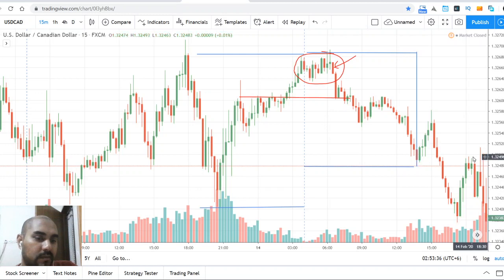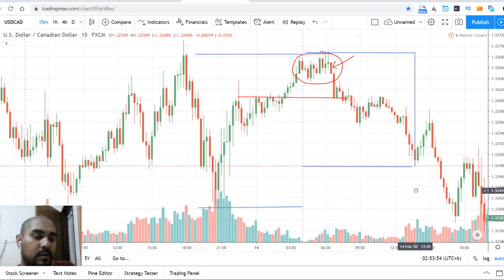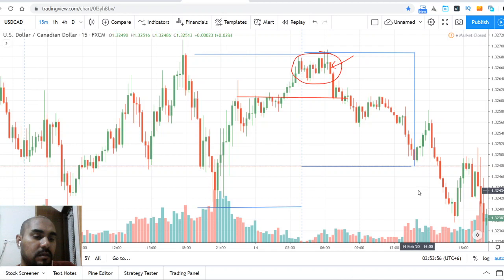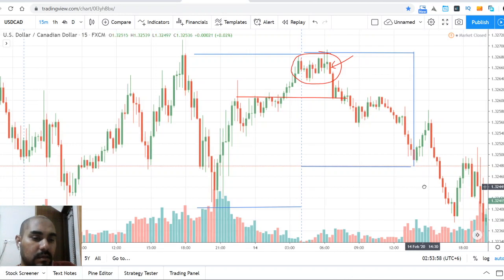Okay, after this move, sellers come back very hard. Okay, where do I sell from? I needed to sell from here. Let's see if it'll give me a chance. If they will give me a chance.